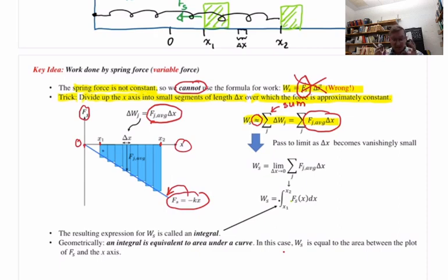Well, if that is how we're going to do it, then let's just conceptually say, fine. Let's imagine going into a limit where the number of rectangles gets bigger between x1 and x2, and the width of each rectangle gets smaller and smaller and smaller. So what we're going to do is imagine passing to the limit as delta x becomes vanishingly small.